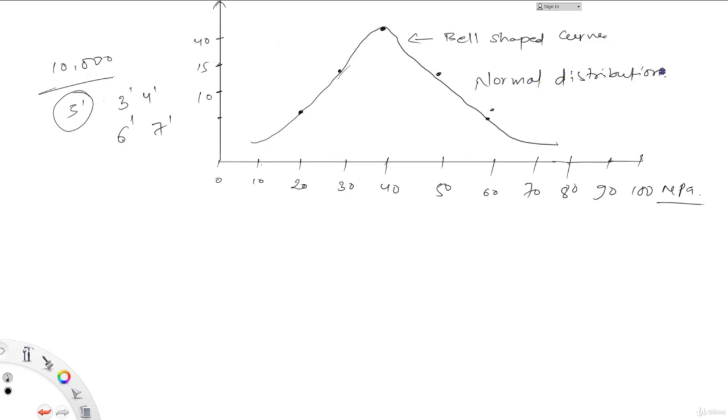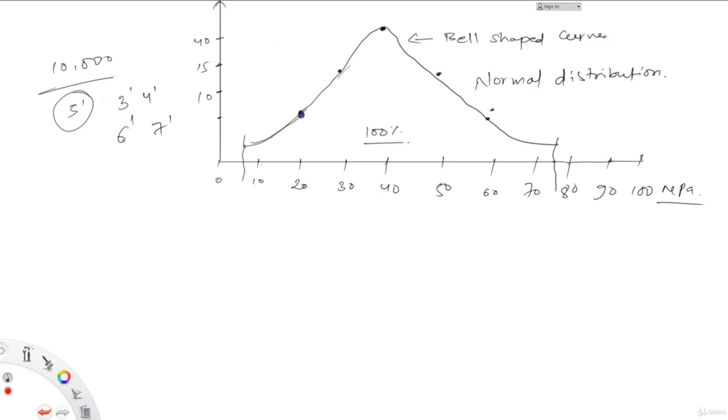So why we are talking about this distribution? Because the characteristic strength depends upon understanding the distribution. So you got the curve like this by plotting all your data on a graph. So from here up to here, this is my 100% of the area, which means that it incorporates all the concrete cubes, the 100 concrete cubes.